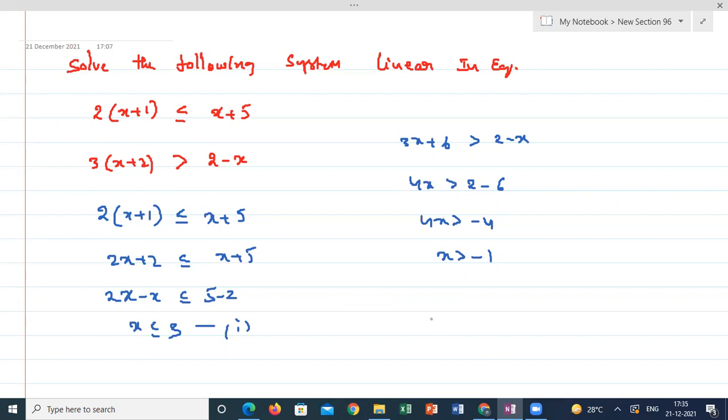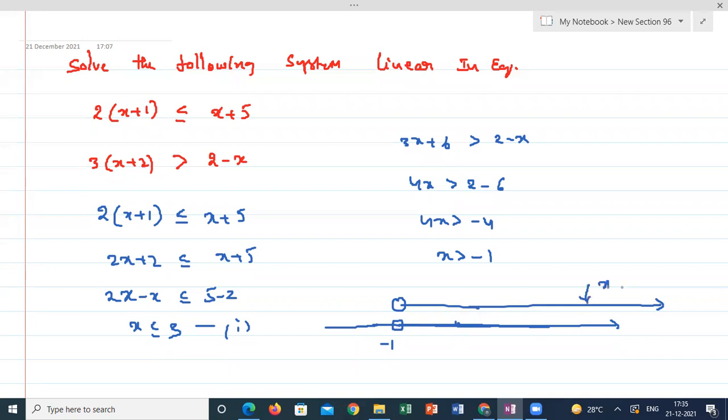What does this mean on the number line? x greater than minus 1 means how will things come. This is minus 1. It will go up to infinity for x greater than minus 1. So it is like this.